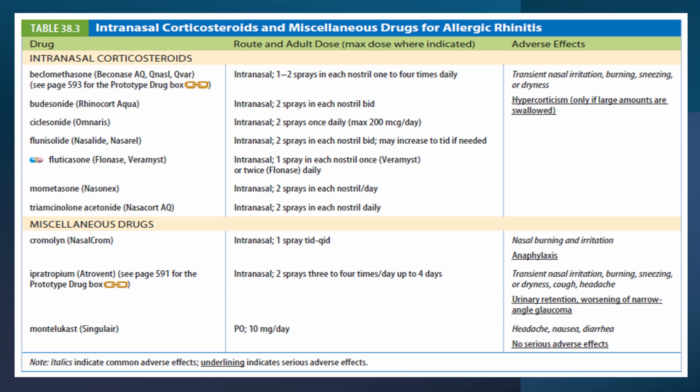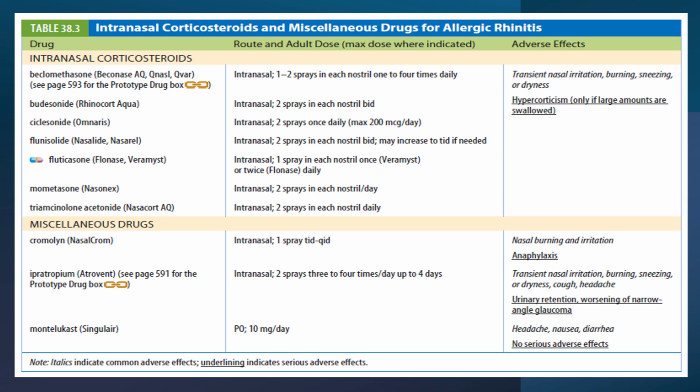Now, we have your intranasal corticosteroids and miscellaneous drugs. Your intranasal corticosteroids, also known as glucocorticoids, are applied directly to the nasal mucosa to prevent symptoms of allergic rhinitis.